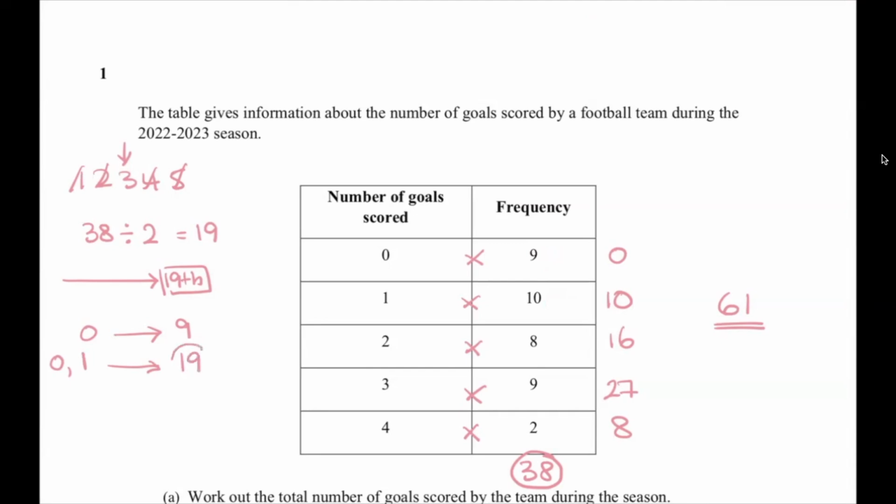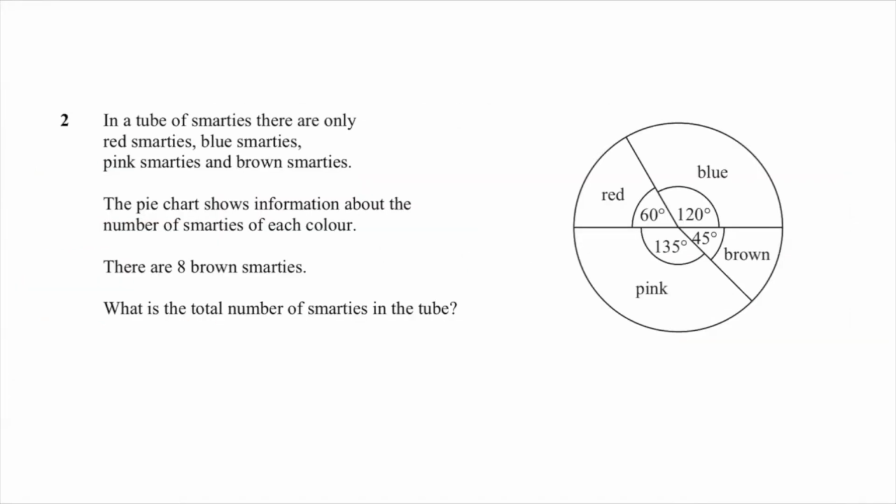And I want the 19th number. So the 19th number lies here with the number 1. And hopefully I've explained that quite well. The median is a tricky little one to get our heads around. So remember, if you divide the frequency by 2, it gives you the position of where that median is actually lying.